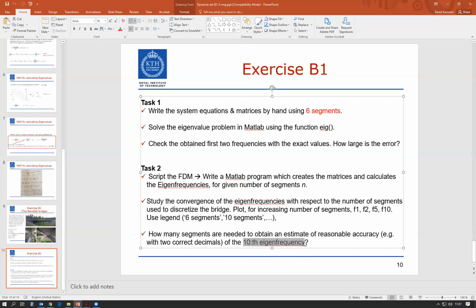So how many segments do you need? I think this will be quite easy when you have done the simple MATLAB code here. When you have done this, then it is a matter of running the code and plotting nice results and putting them in your handout.